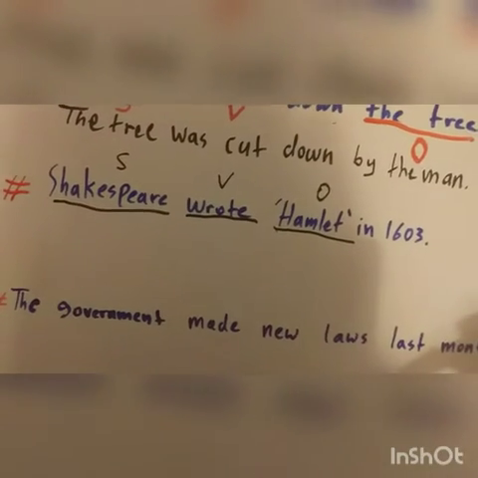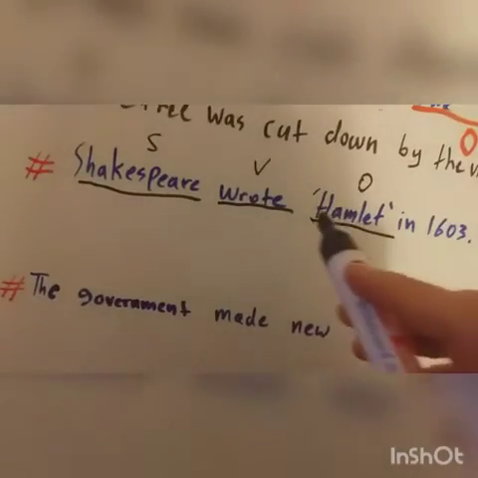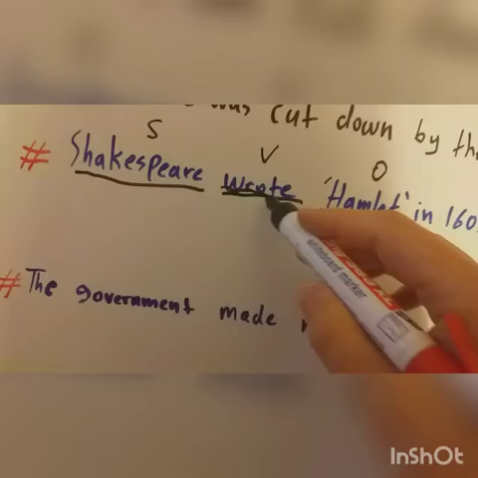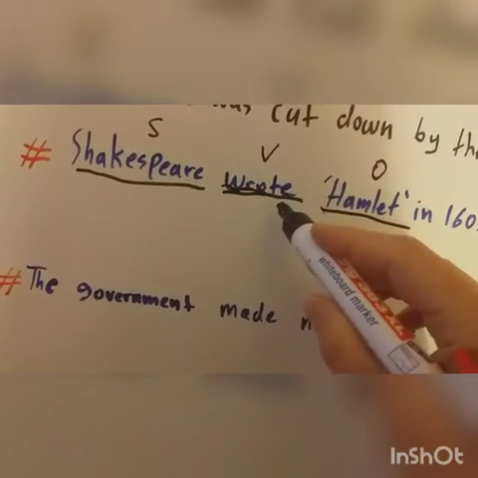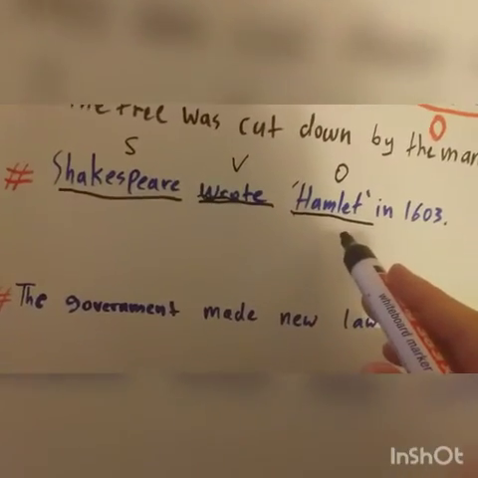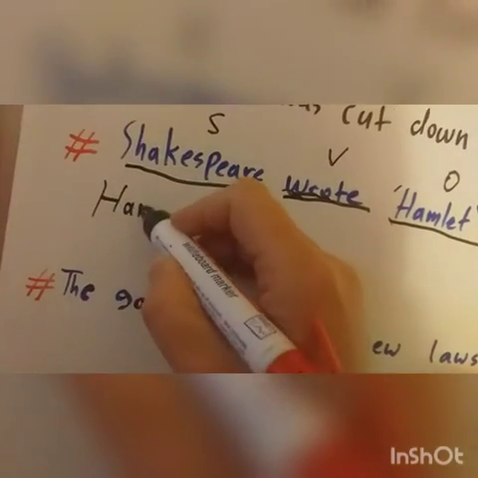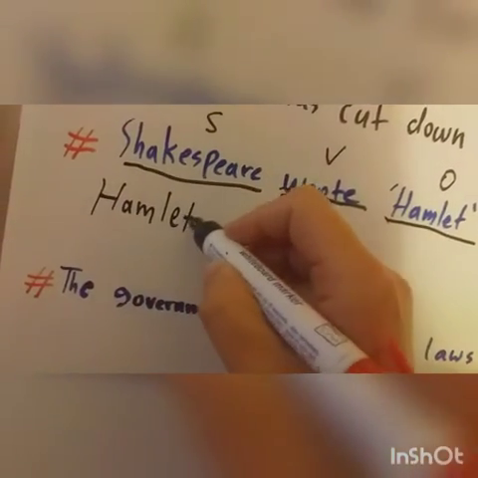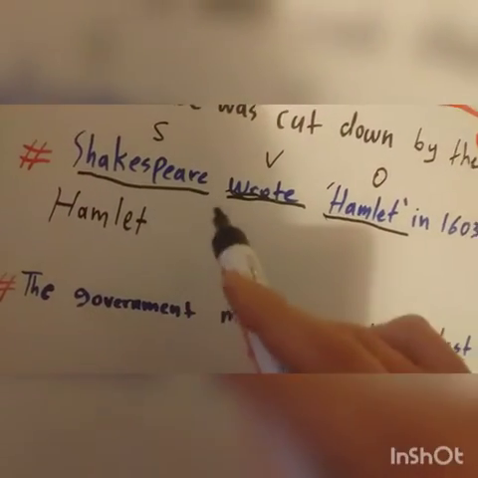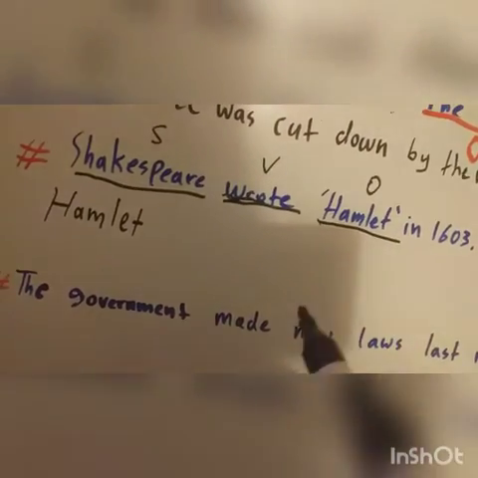Let's interchange this sentence to the past simple passive. This is an active sentence. You know it's in the past simple because the verb wrote is the past simple of the verb write. So we start the sentence with the object Hamlet. And here I want to focus on the name of the famous play, Hamlet. We have moved the focus from the subject, Shakespeare, to the object, Hamlet.